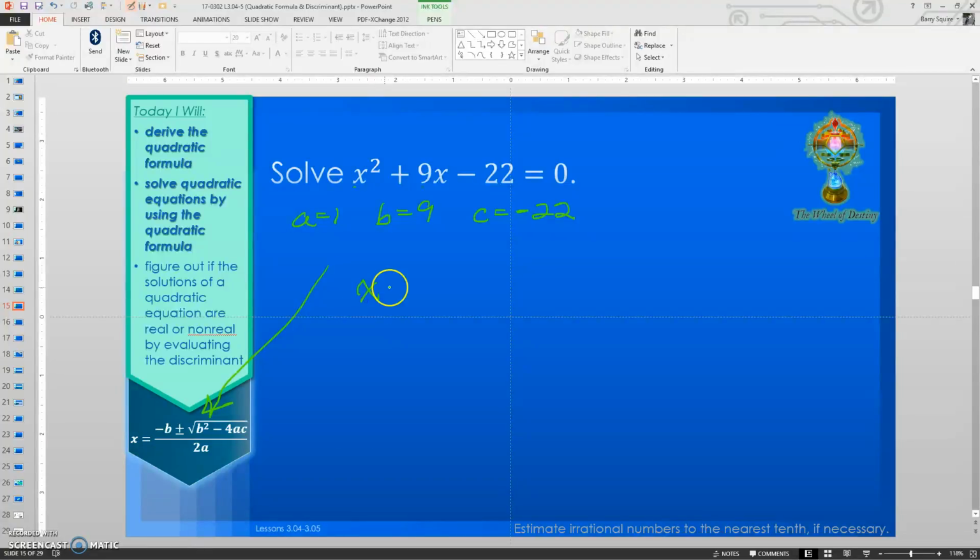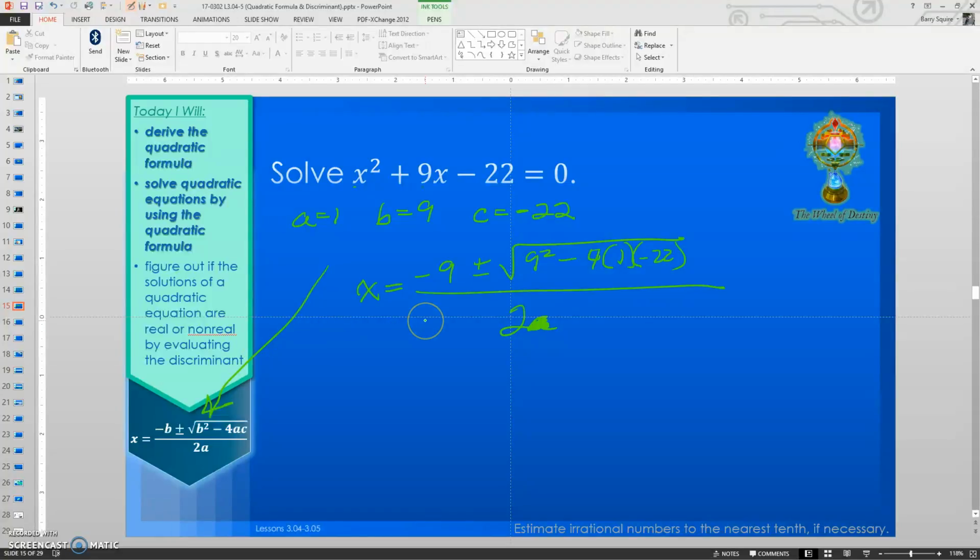So we go x equals -b plus or minus the square root of b squared minus 4ac, all over 2a. I always do that. Okay, so when we're doing that minus 4ac, we have to pay really close attention to the signs.